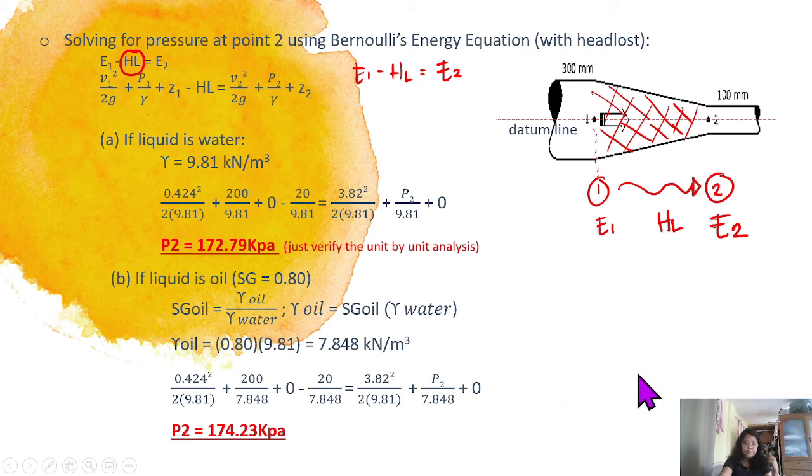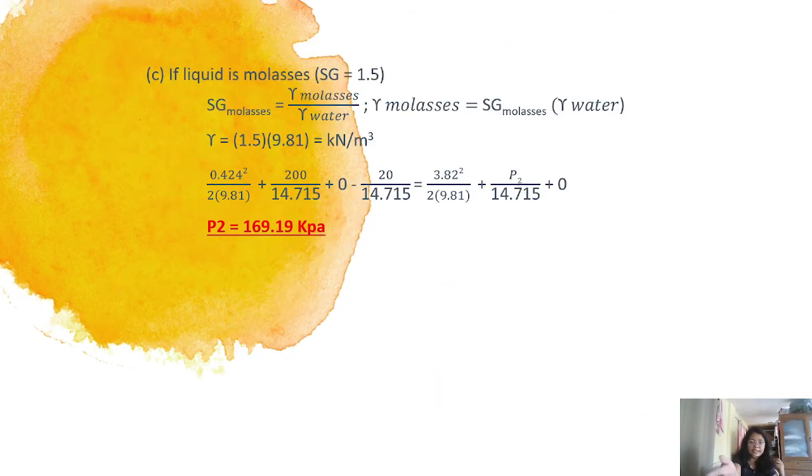Now, if the liquid is molasses with specific gravity of 1.5, to get the unit weight of molasses, you will multiply 1.5 by 9.81. And when you calculate that, your answer should be around 14.715. So that is 14.715, no doubt. Then, what you substitute is just the unit weight, because the velocity head is the same, and the Z or datum is also the same. Only gamma is different.